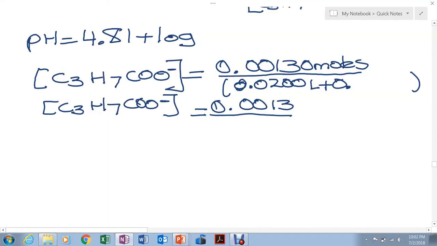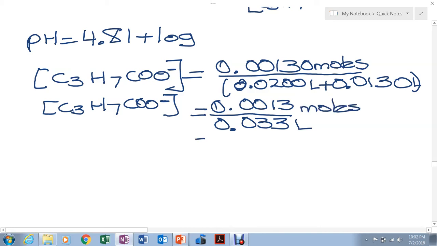So it's going to be 0.013 liters divided by 0.033 liters, and this is moles. I'm not going to stop with the zeros, or at the end the sig figs.